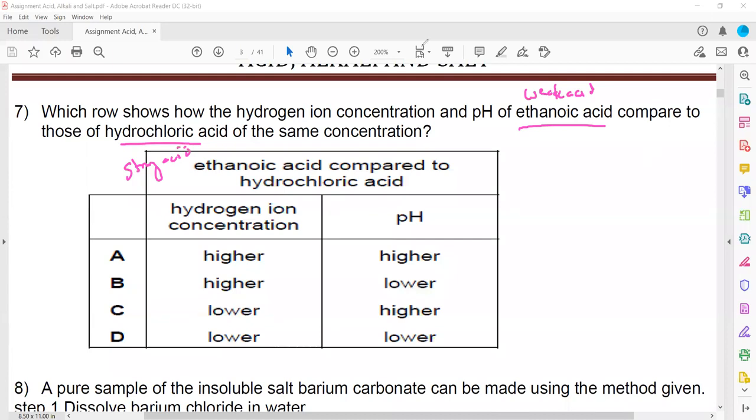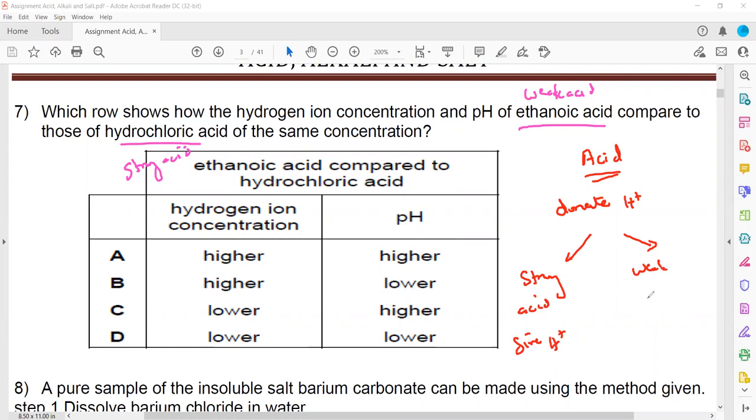And for weak acid, as we know the definition, acids are proton donors. That is the definition of an acid. They donate protons, or they give H plus ions. And acids can be categorized as weak or strong. The term strong acid means it gives more hydrogen ions, and the term weak acid means it gives fewer. It gives hydrogen ions, but a strong acid gives more hydrogen ions in the solution.